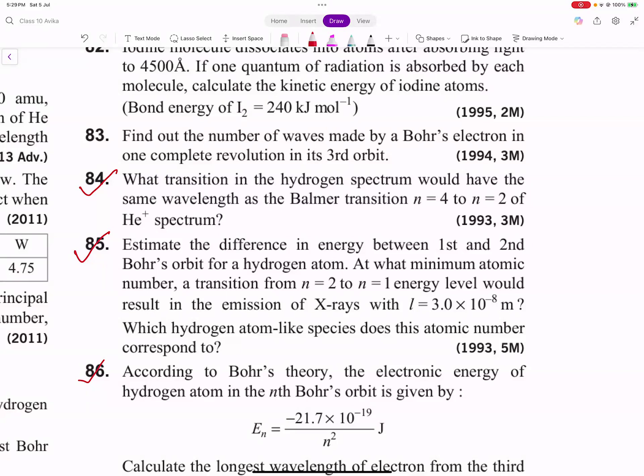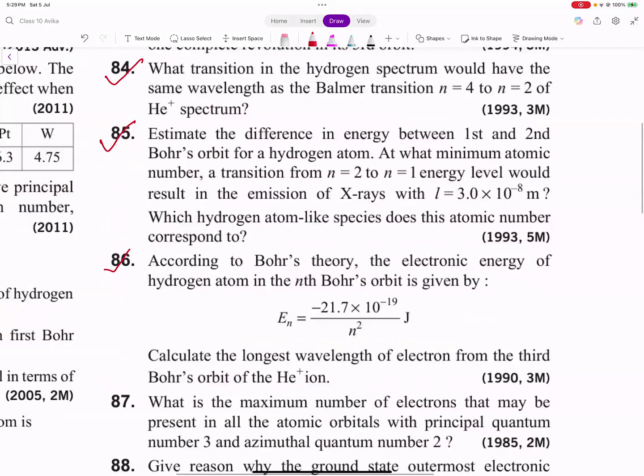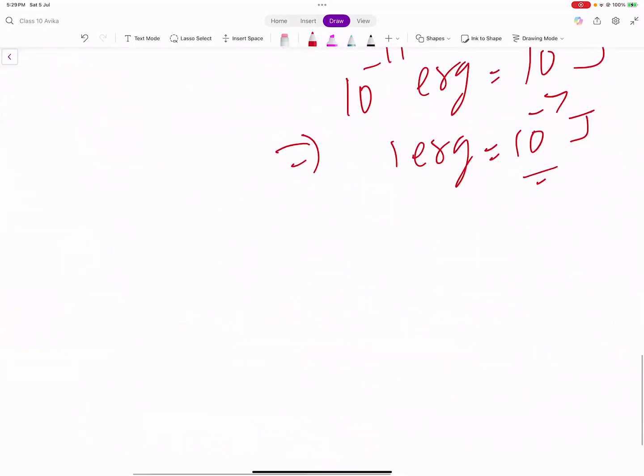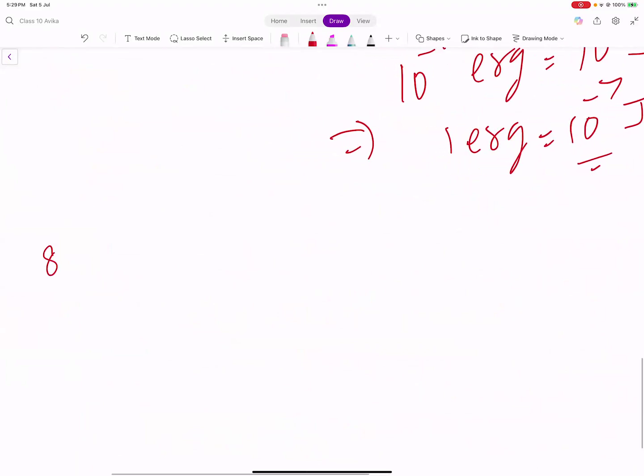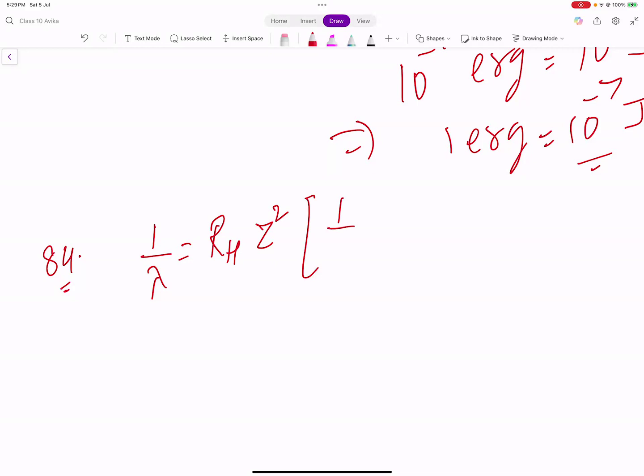See, for 84, it is asking which is having the same wavelength. There are many ways to do it. One is, if we include the Z square, then the 1 by lambda formula becomes this. So 4 to 2 was for helium, right?